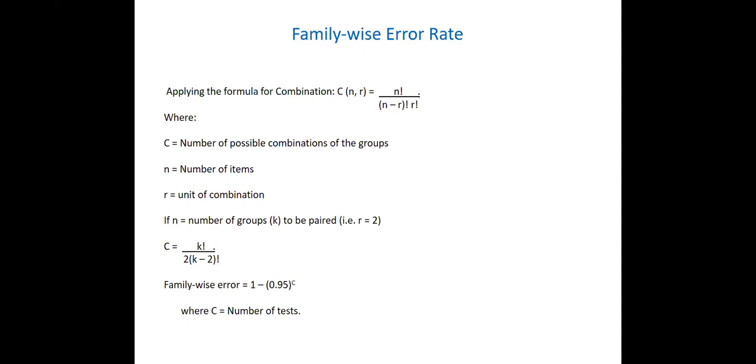Now, for 1 t-test, you set your level of significance to be 0.05. If you remove that 0.05 from 1, it gives 0.95. If you now do the test 3 times, you multiply that 0.95 three times: 0.95 times 0.95 times 0.95.